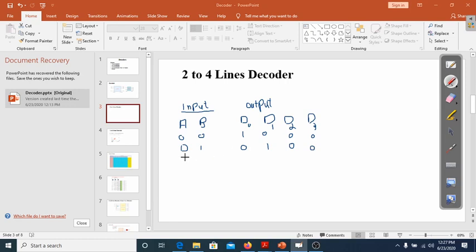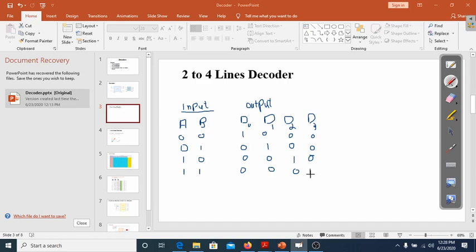Another combination for 1 0, D0 is 0, D1 is 0, D2 is 1, D3 is 0. So when A and B are 1 and 1, D3 would be active high, the remaining outputs are active low.